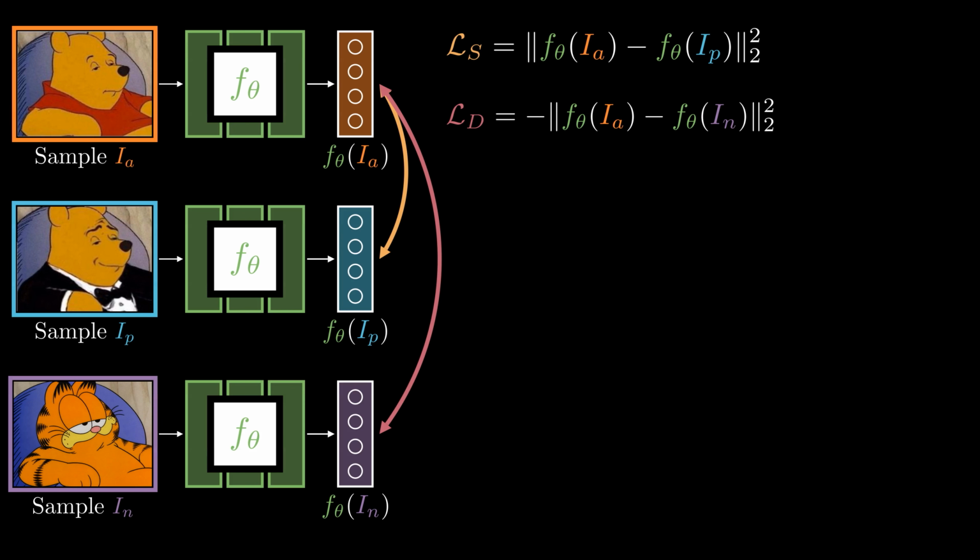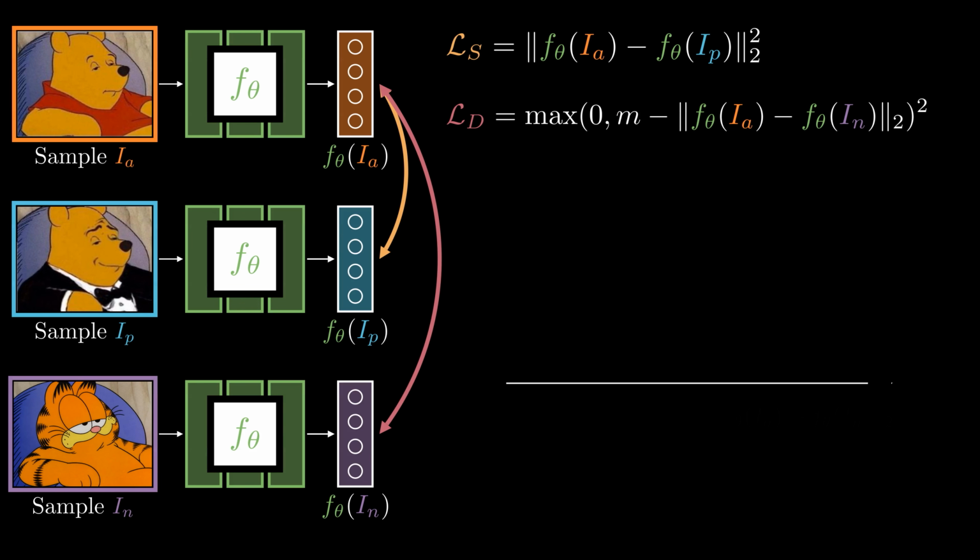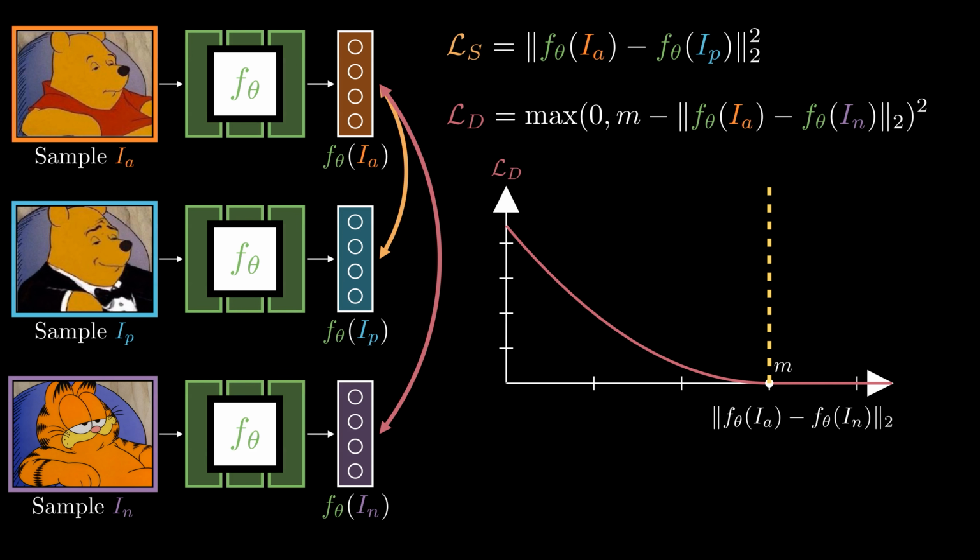The training may push the features from a negative sample arbitrarily far. A hinge loss fixes this by only caring about negatives that are too close. When their distance is sufficiently far, for example, larger than a margin m, the loss drops to 0. This push-apart term helps prevent collapse and encourages a more structured feature space.